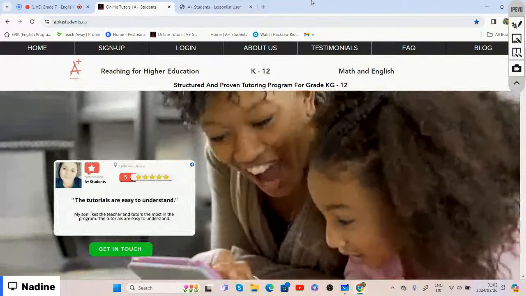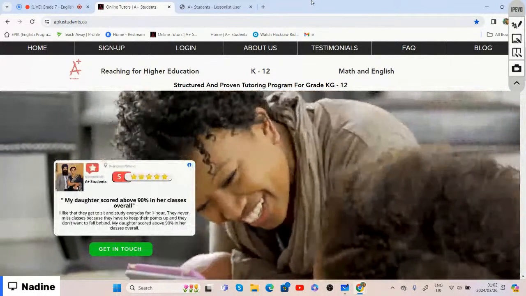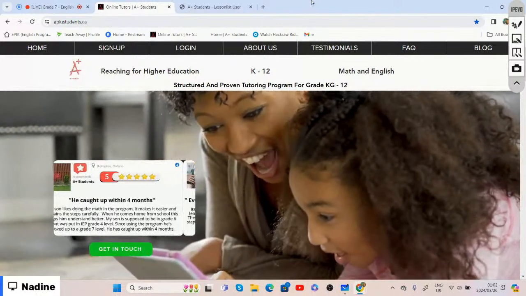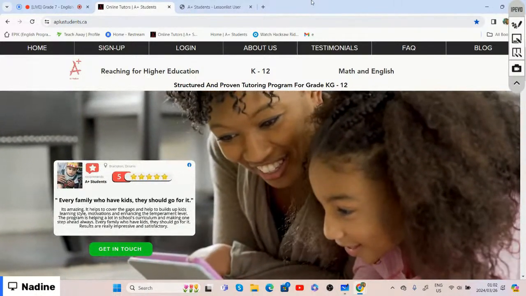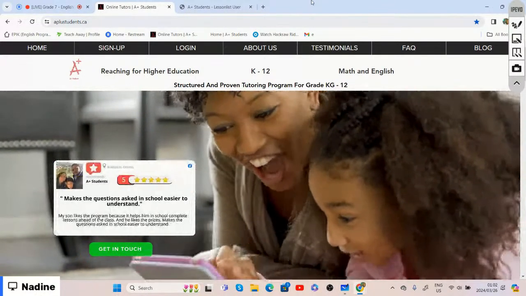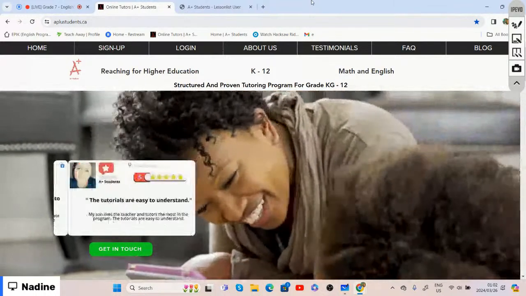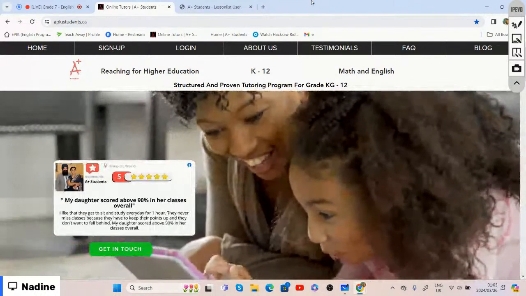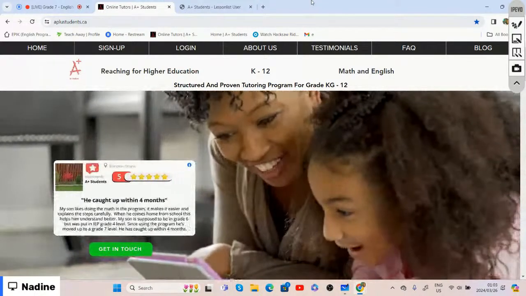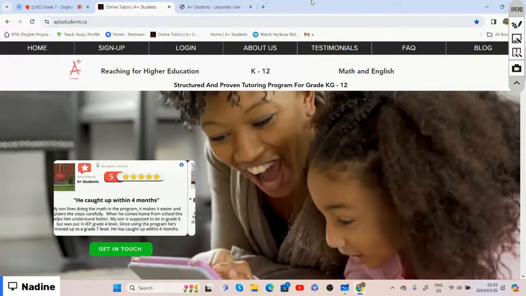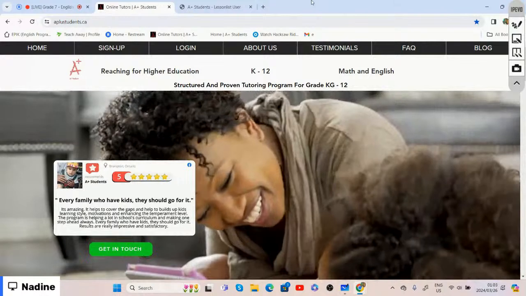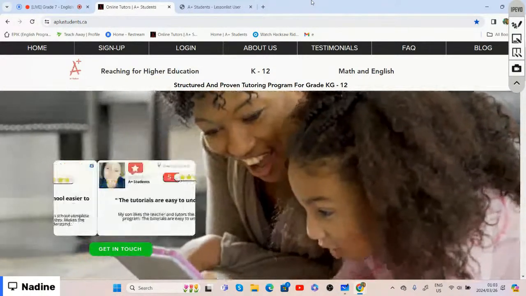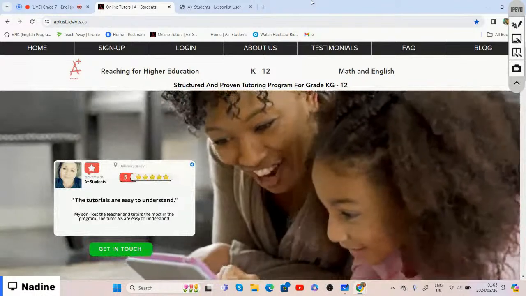Once we've logged on with our username as well as our password, then we're going to select the subject of language arts, grade 7. And then we're going to scroll down until we get to the chapter of verbs.